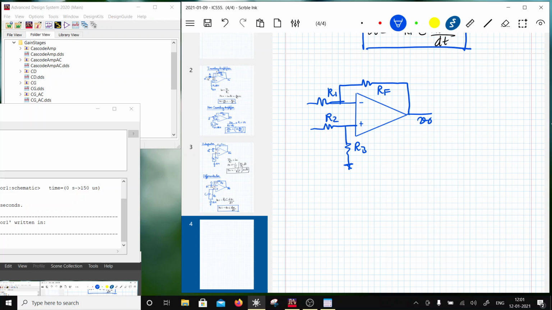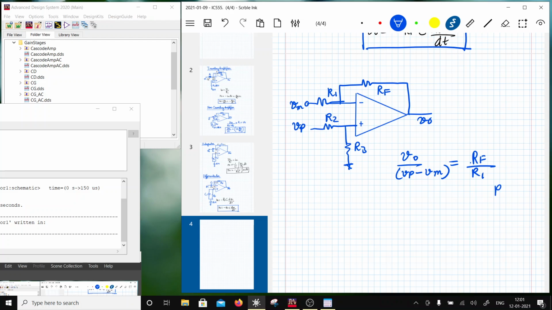This is VO, right? And I have got V minus and V plus, and in this case the output voltage VO by V plus minus V minus is going to be equal to RF upon R1, provided a constraint: I choose R3 upon R2 same as RF upon R1.